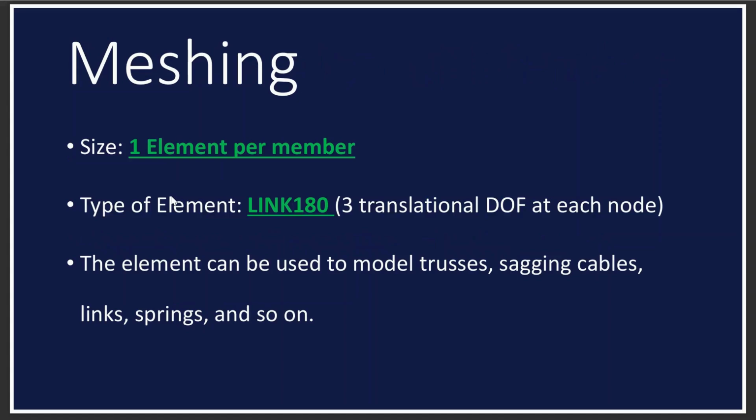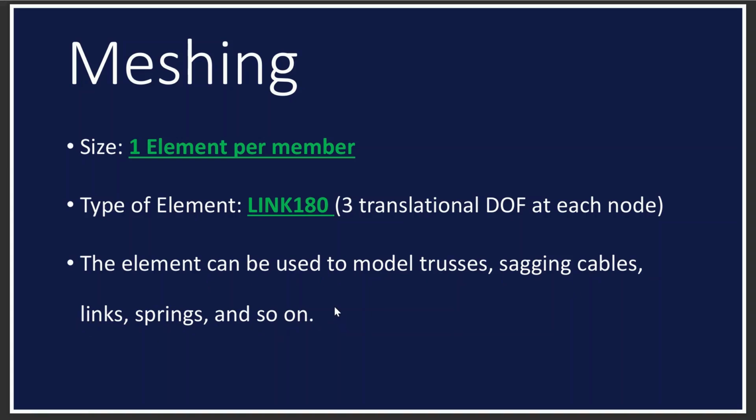Now the next thing is meshing. In the meshing we have to give a size of 1 element per member, and the type of this element is LINK180. That is the name of that element in ANSYS. It has 3 translational degrees of freedom at each node, and this element can be used to model trusses, sagging cables, links, springs and so on.